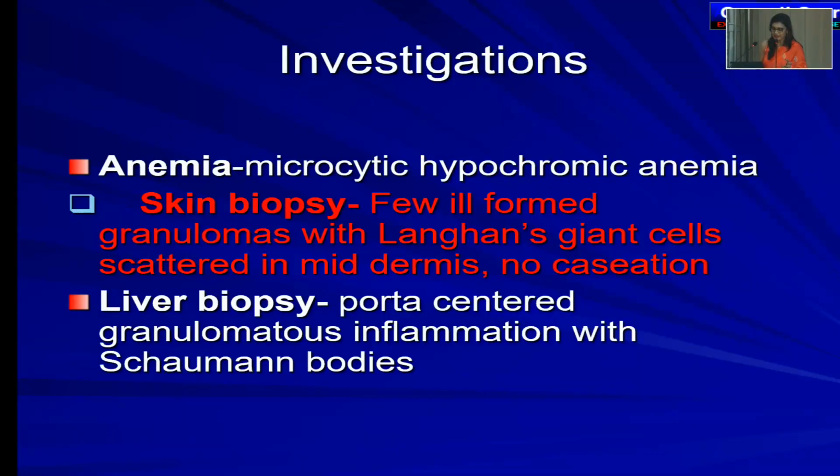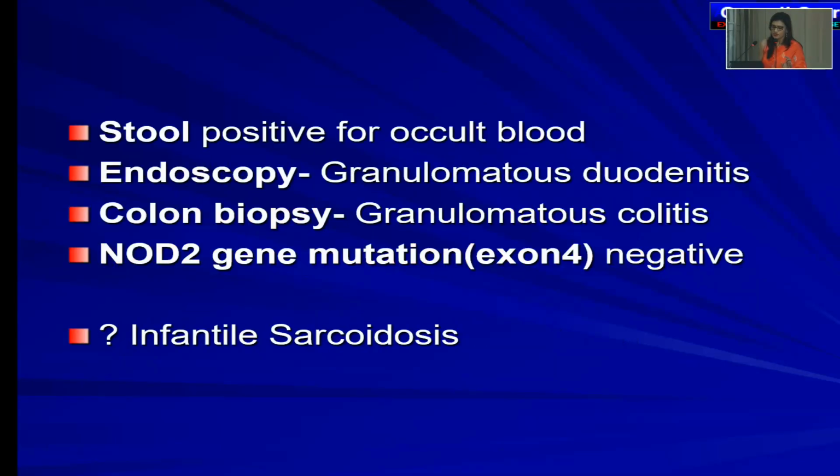There was anemia, skin biopsy showed granulomas, liver biopsy showed granulomas, stool was positive for occult blood, endoscopy showed granulomatous duodenitis and granulomatous colitis. The NOD2 gene mutation that is done for a condition called Blau syndrome was negative, so the diagnosis is infantile sarcoidosis.